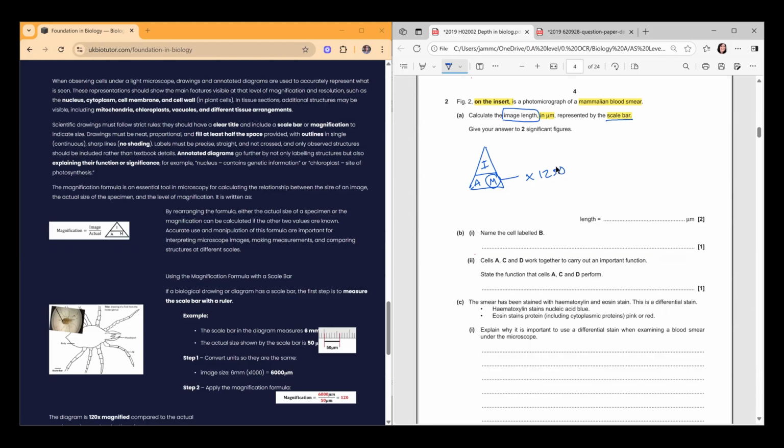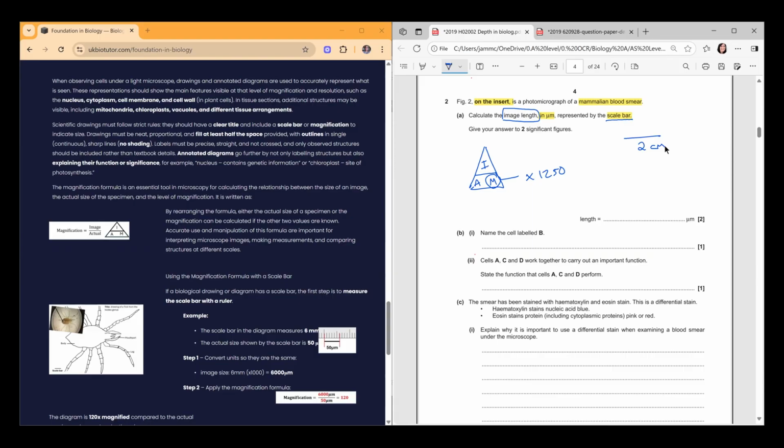So that's the first thing to note. I already know that. Then what I need to work out is, what does that mean when I look at my scale bar? I've made the assumption, because I've just made it up, that my scale bar measured 2 centimeters.